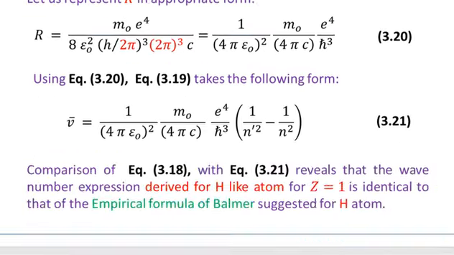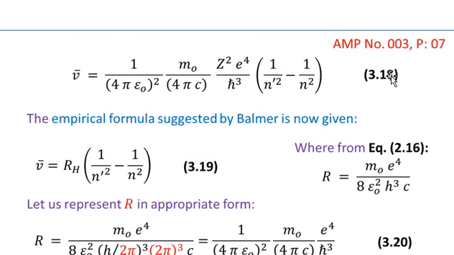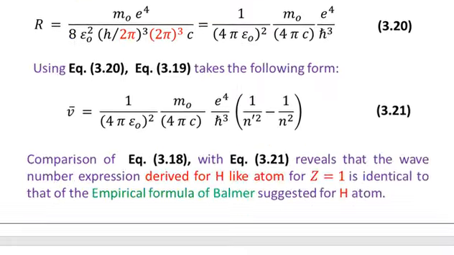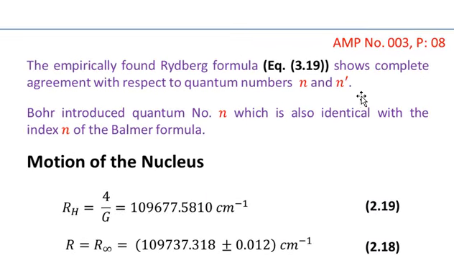But here you see that in equation number 3.18 we have found that n prime and n, due to Bohr's atomic model, are actually the quantum numbers corresponding to the quantum states n prime and n. So that's why we can identify over here these n and n prime as the quantum numbers. But when it was suggested by Bohr as an empirical formula, also known as the Rydberg formula, at that time n and n prime were not identified as quantum numbers but just as integers.